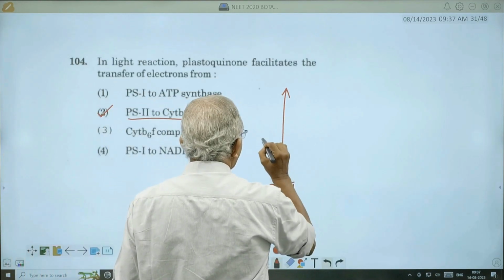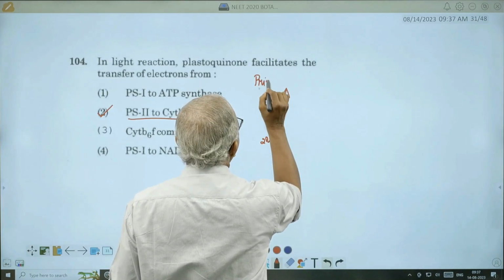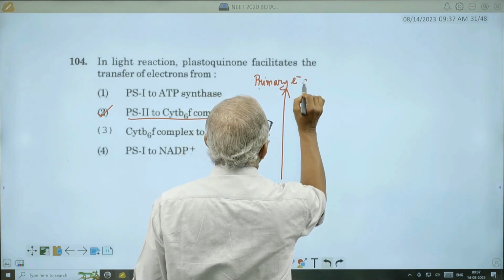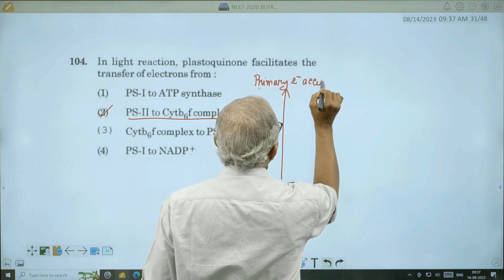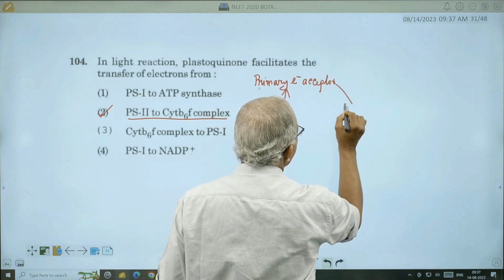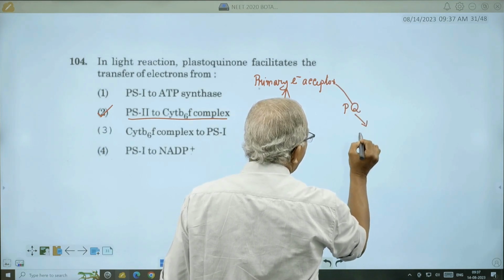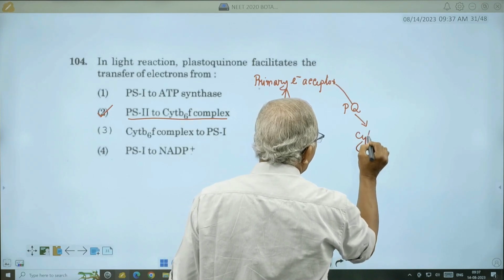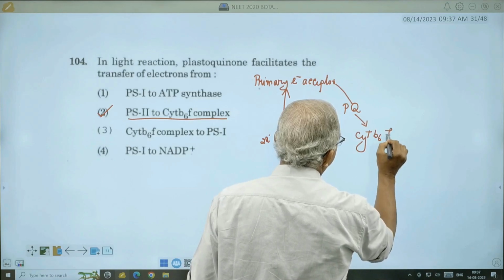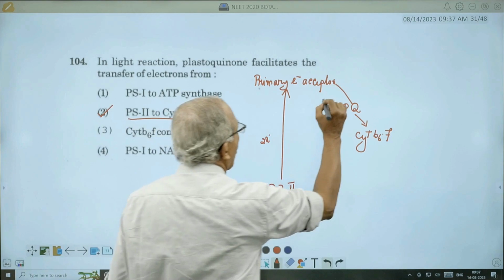The electron first moves to the primary electron acceptor. From the primary electron acceptor, it goes to plastoquinone. From there, it goes to cytochrome b6f.